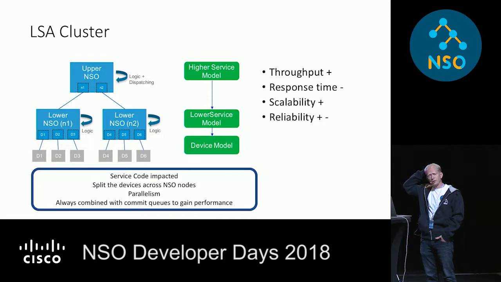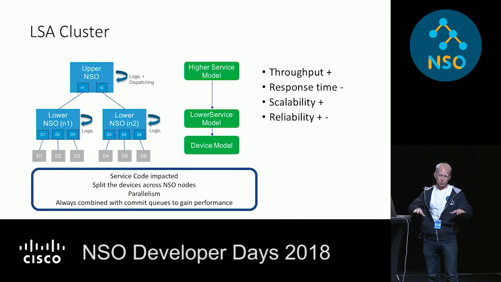And that's what we call layered service architecture. What that is essentially is, you have multiple layers, and the upper NSO node treats the lower NSO nodes just as any devices. So conceptually, you can view the upper node as being just an independent NSO node that manages a bunch of devices, and those devices happen to be other NSO nodes.